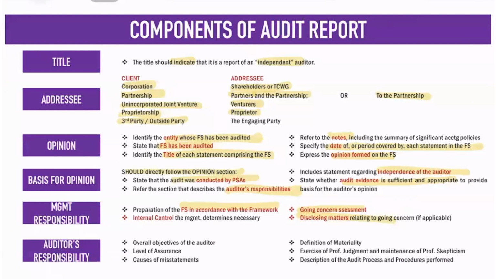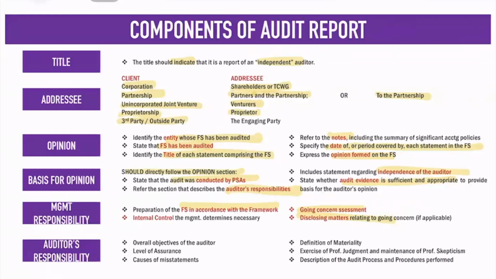But also, since sometimes the audit is based on your internal control, so you have a control reliance approach, you also look into the internal control the management uses or is in effect in the operations of the business. At the same time, going concern is very important. You already finished going concern before in your audit completion.